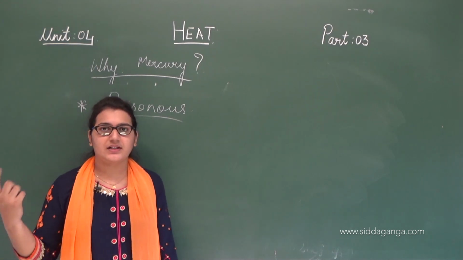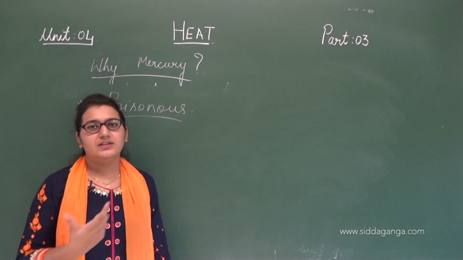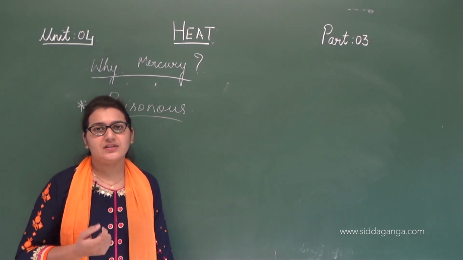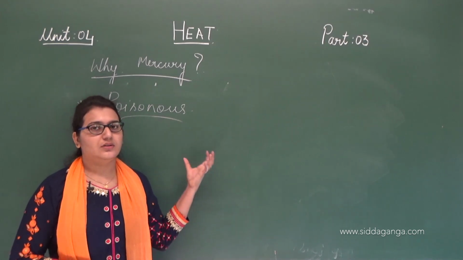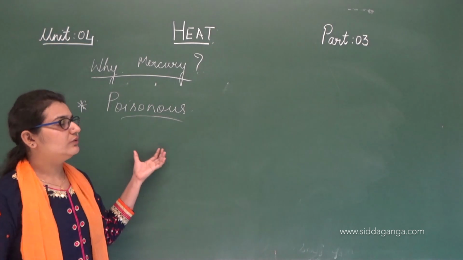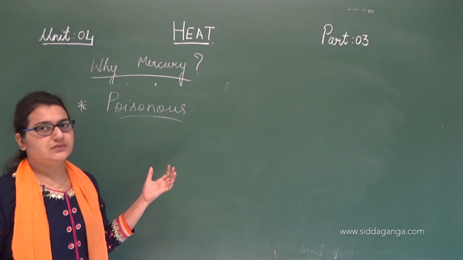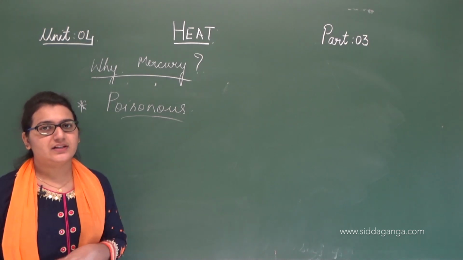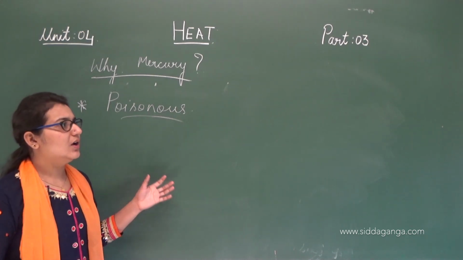Since those thermometers are glass tubes, if one breaks, the mercury gets released into the atmosphere. Then it becomes very dangerous and harmful to the atmosphere, so we need to prevent this, or handle it with great care without breaking the glass tube. It is very poisonous.